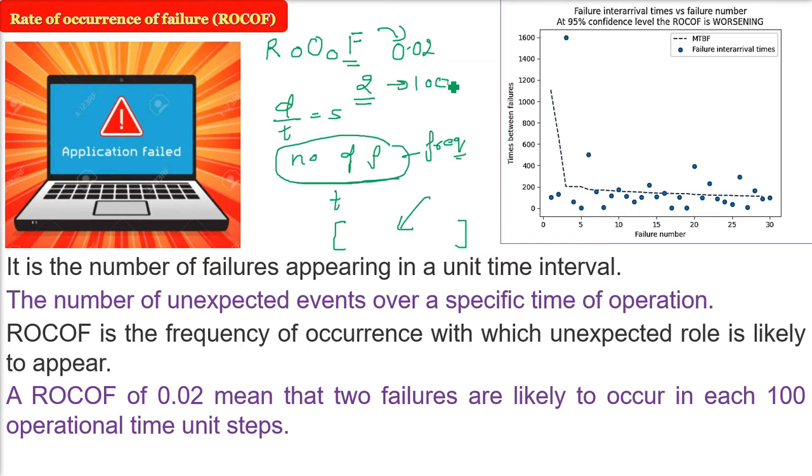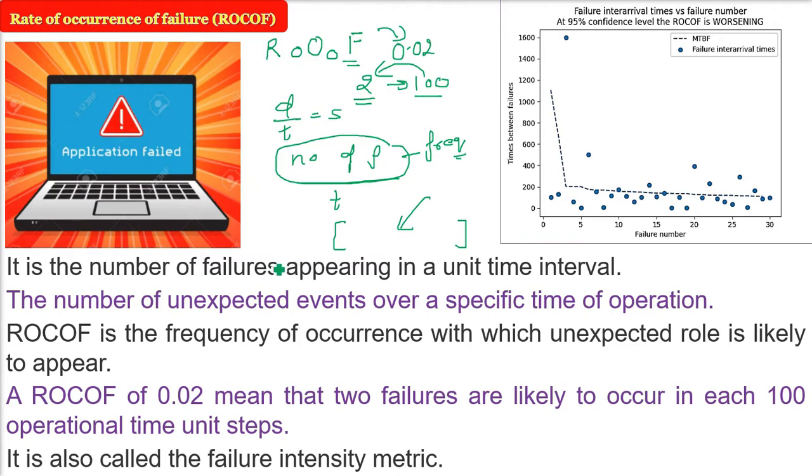The time unit can be anything you define, but whatever it is, it is two failures per 100 operational time unit steps. This is ROCOF. The whole idea is finding out the rate of how many failures occur. It is also called the failure intensity metric.